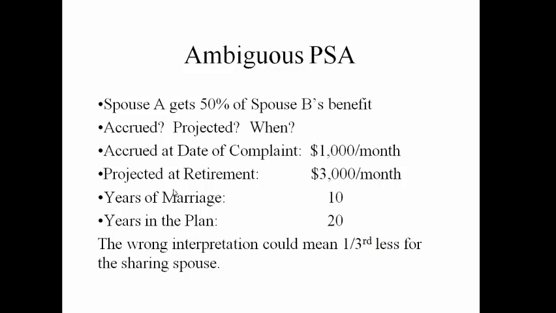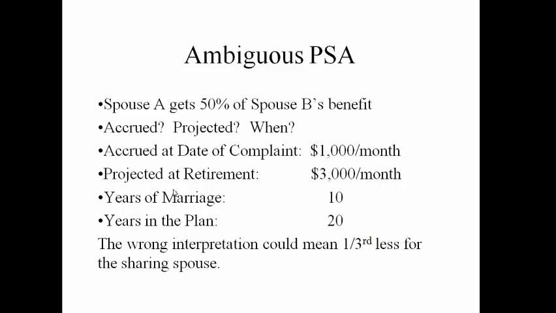But if we interpreted the provision to be the projected benefit at retirement, and we're able to project that at $3,000 a month, keeping in mind that the years of marriage was 10 and the years in the plan were 20, that means that the result of implementing an ambiguous PSA in this case, one participant is going to get 1/3 less, because we're splitting 1,000 at the accrued method, but we're splitting 3,000 if it's the projected method.